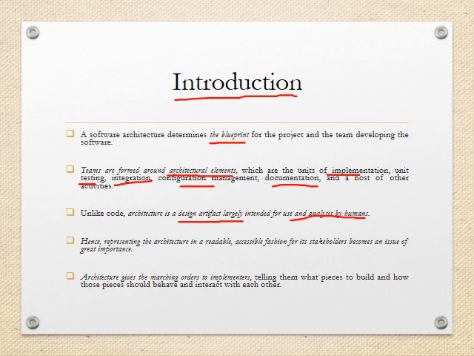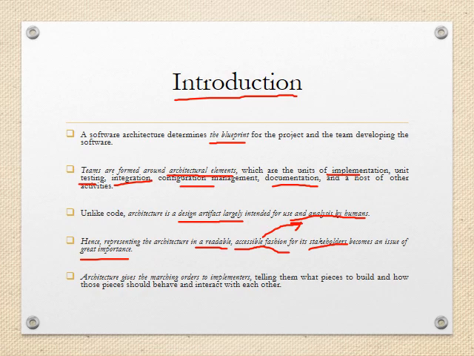Representing the architecture in a readable, accessible fashion for its stakeholders becomes an issue of great importance. Since it's read by humans, we have to present it in a readable and accessible way.